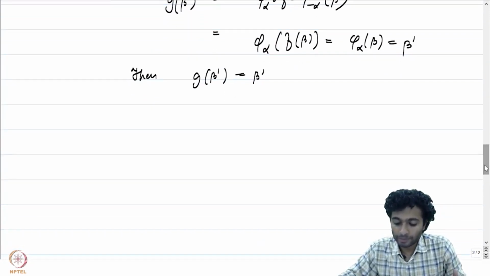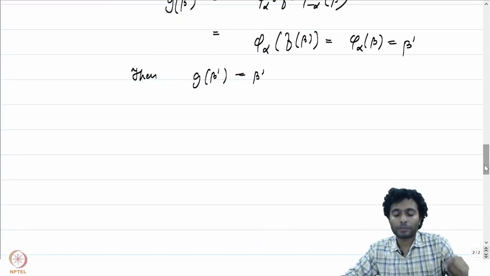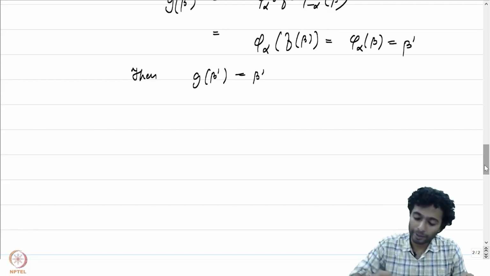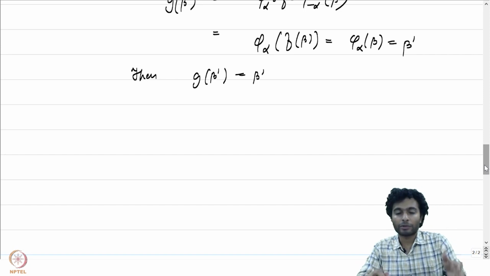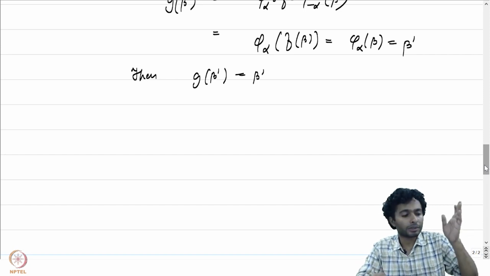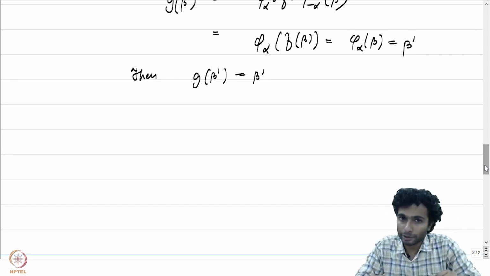Beta prime is some non-zero complex number in the unit disk, and we have noted that g of beta prime is equal to beta prime. In particular, by Schwarz's lemma, what does Schwarz's lemma say? Schwarz's lemma says that mod of g of z is less than or equal to mod z.